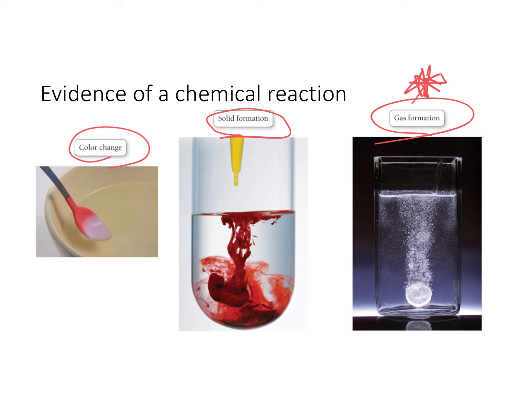Okay. Color change, solid formation, gas formation, any of these three. So that should be fairly straightforward. And I asked you in the exam too which of the following is not an evidence of chemical reaction, or which one it is, or is the following statement true or false? When water boils, we see vapor, so we have gas formation.